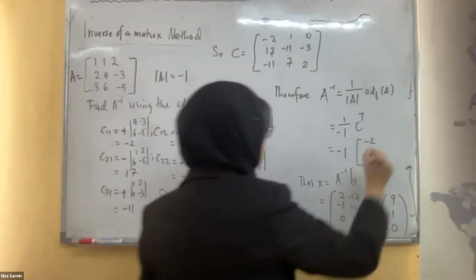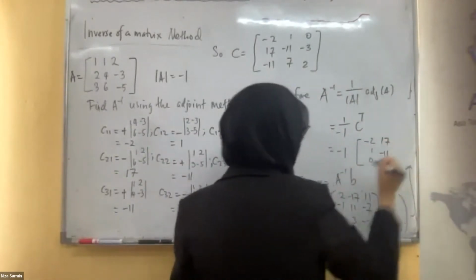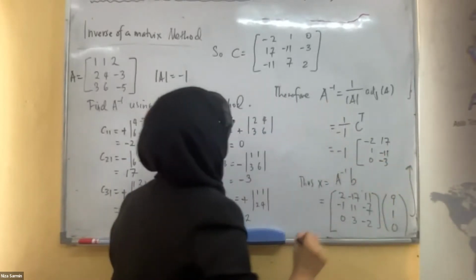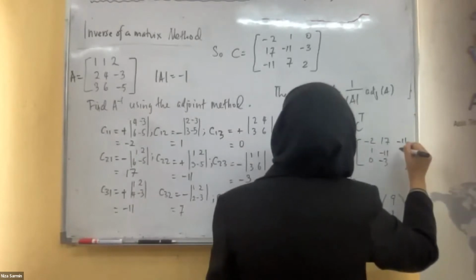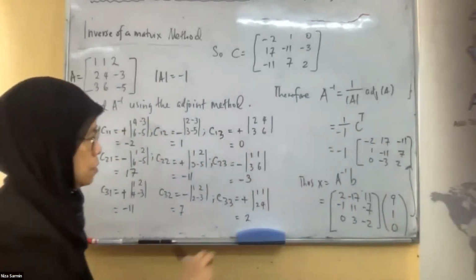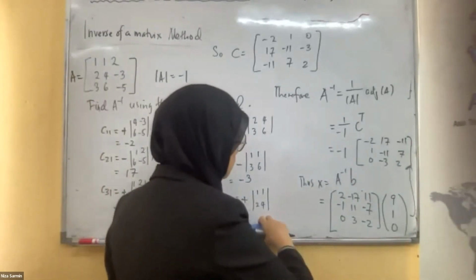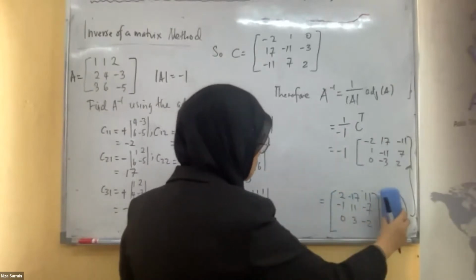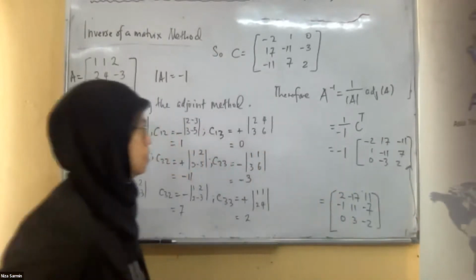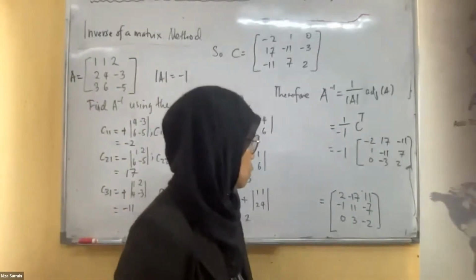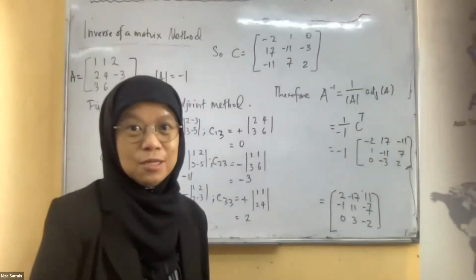-2, 1, 0, 17, -11, -3, -11, 7, 2. Okay, which is equal to this, the one that we got already just now.